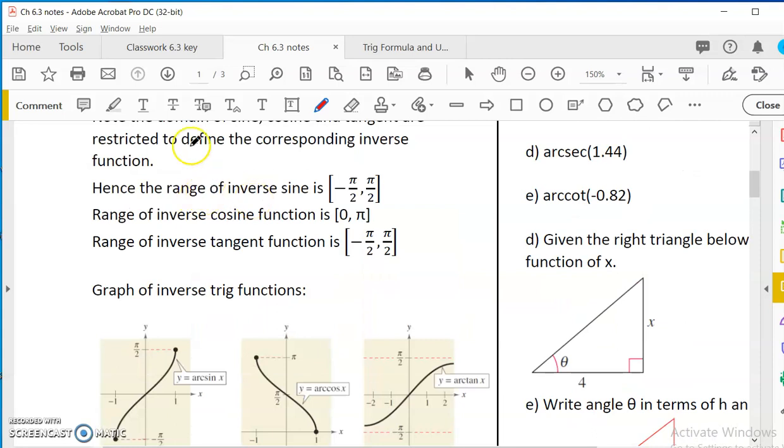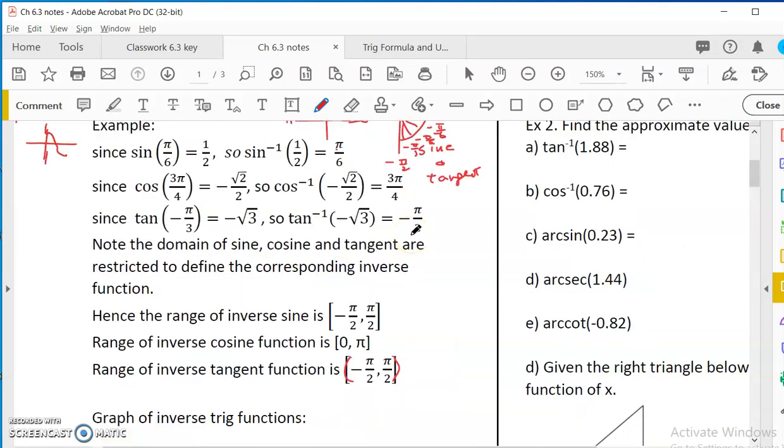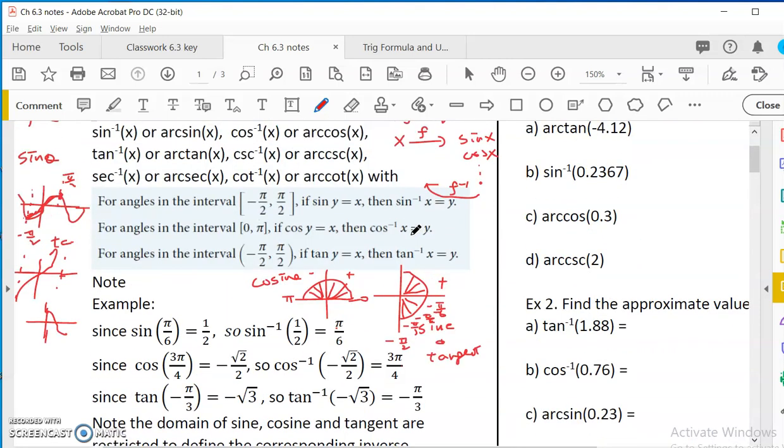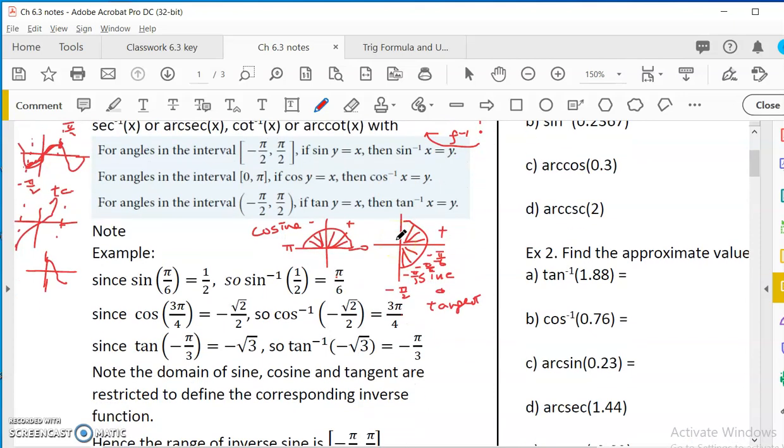Because we restricted the domain, the range of the inverse sine function is only between negative pi over 2 and pi over 2. The inverse cosine function is 0 to pi, and for tangent it is the open interval negative pi over 2 to pi over 2. Now, there's one thing I want to say.